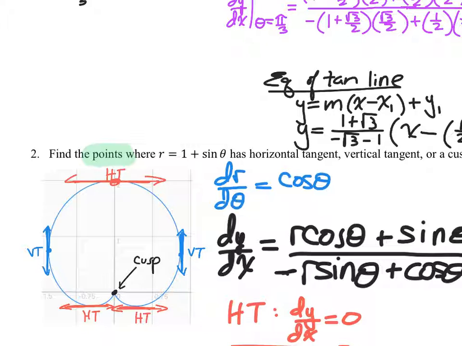If I ask you for coordinates, I would have to specify what kind of coordinates I'm looking for. On a test, I'm very precise about what I'm looking for. I would say, find the rectangular coordinates where blah has a horizontal or vertical tangent, or find the polar coordinates. That's a little bit of a different story. Then you have to go the distance on that.